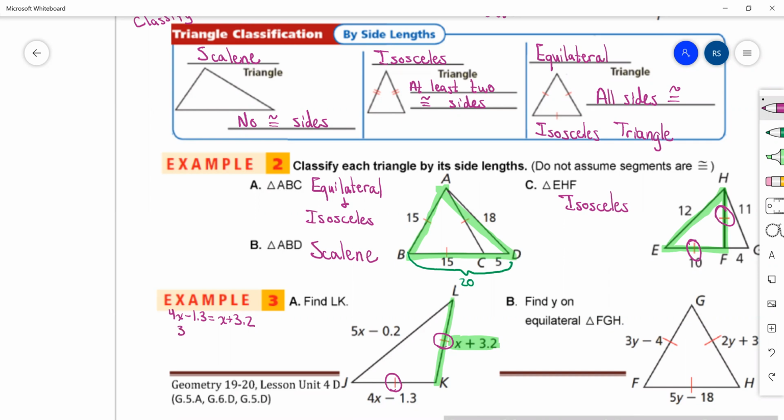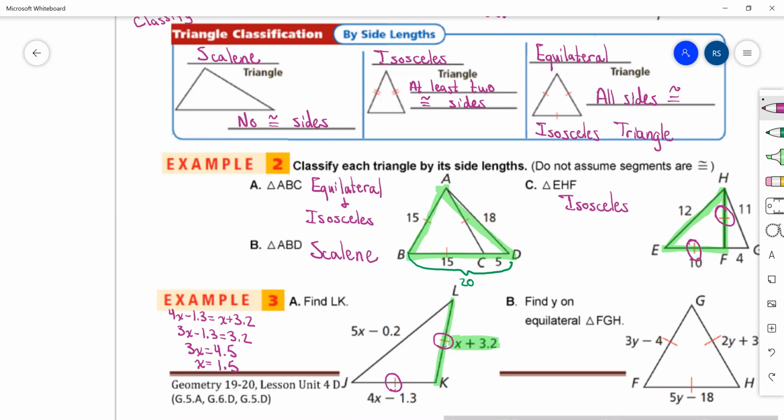So that's going to make it 3x minus 1.3 equals 3.2. I'm going to add 1.3 and get 3x equals 4.5. Divide by 3, and I get x equals 1.5.